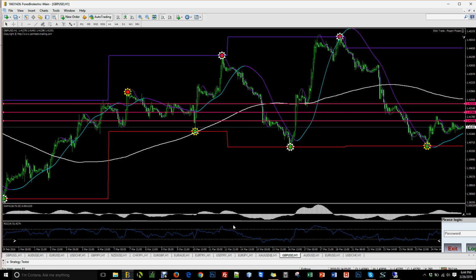So between those three strategies, we're getting some mixed signals, okay? But I'll explain those in a minute. Let's start with the GBP USD because it is set up very nice right now.